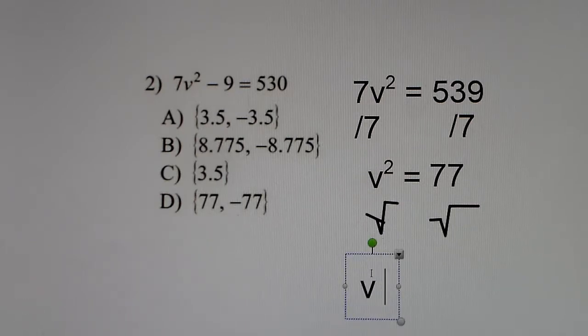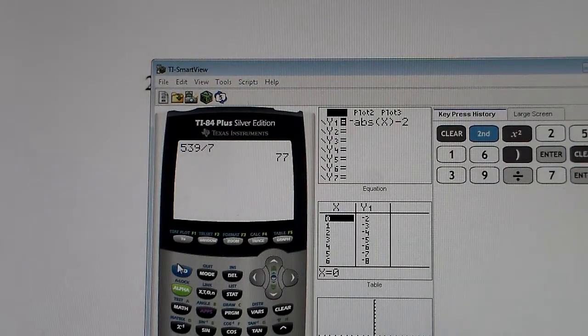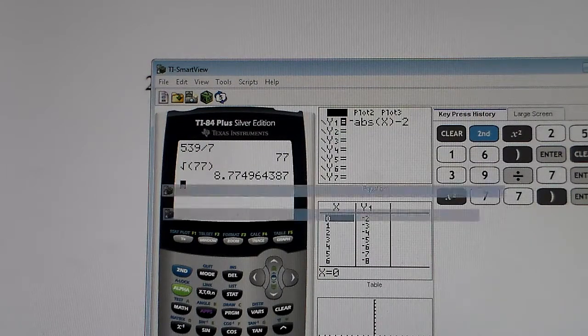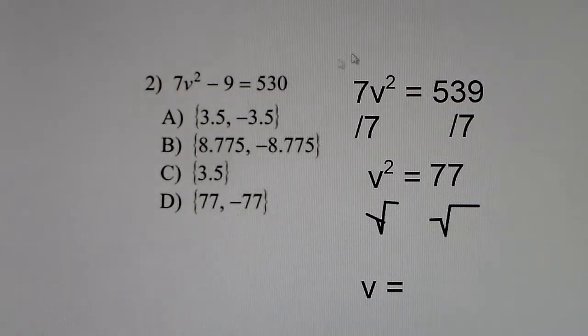And what we get, we have v equals, we got to put in a calculator, so bring that calculator up. Second x squared will get us that square root button, 77. The square root of 77 is 8.7749 dot dot dot. A whole bunch of numbers after that. So let's take a look to see what our answers are. Turns out number 2 is going to be B.